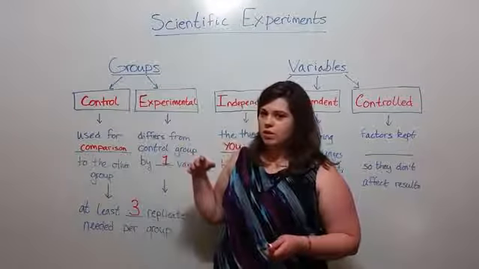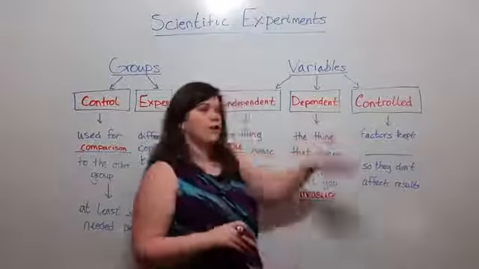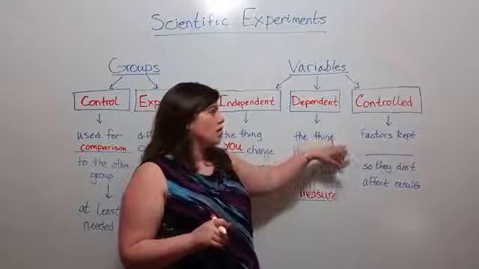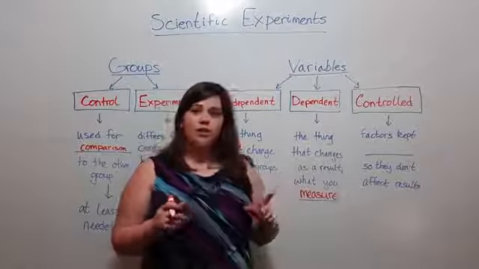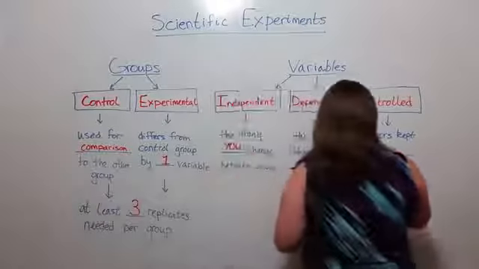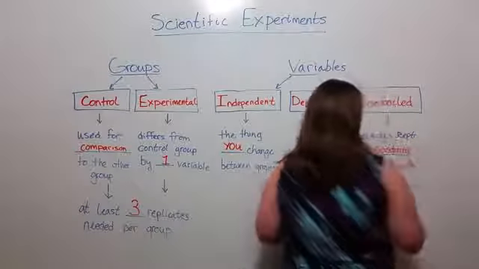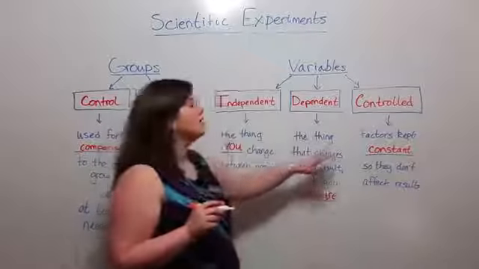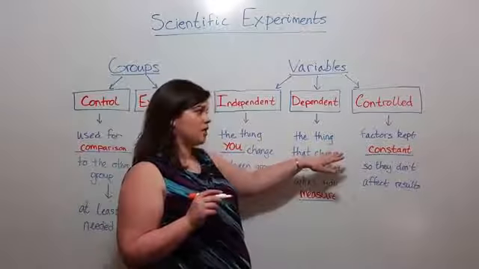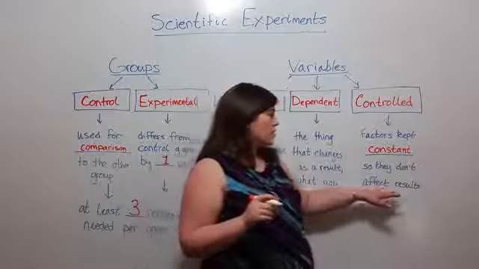That's why it's good to always distinguish whether you're talking about the control group or the control variables. Now, the control variables are factors that critically are kept constant. So these are factors in the experiment that are kept constant between the two groups so that they don't affect the results.